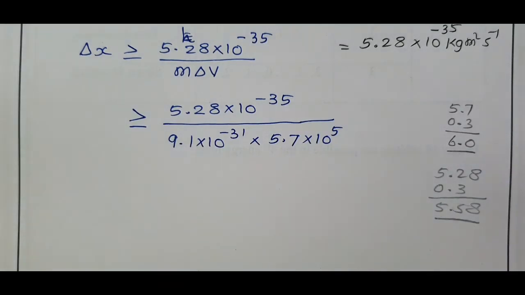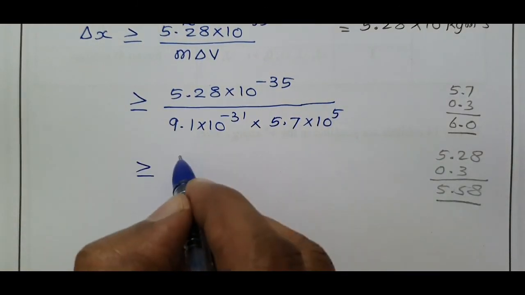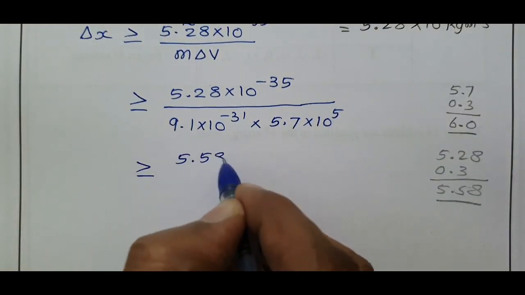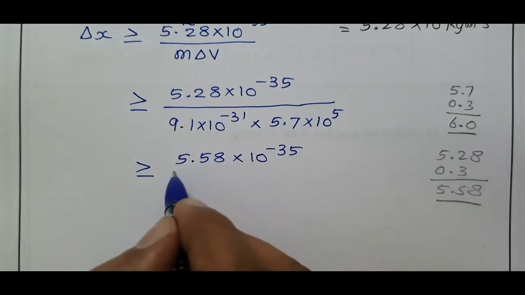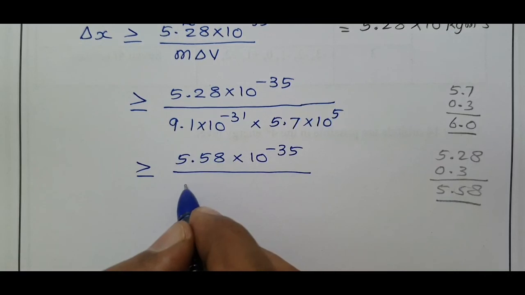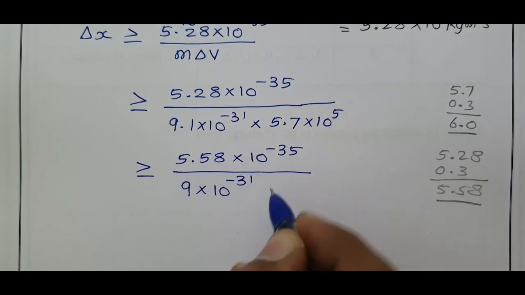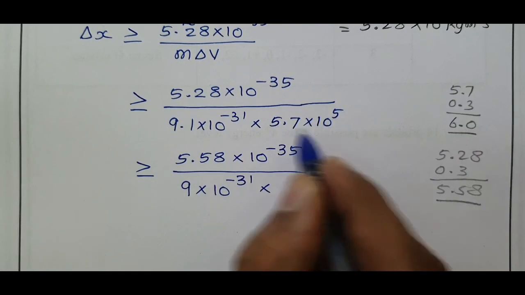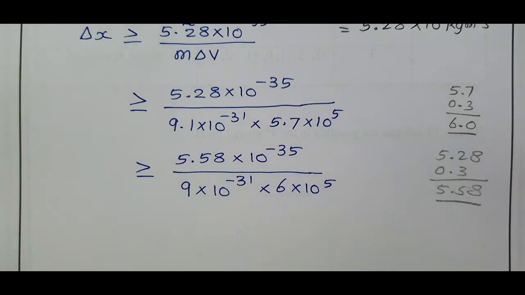What is the numerator value now? It is greater than or equal to 5.58 into 10 power minus 35 divided by 9.1, rounded off to 9, into 10 power minus 31, into 6.0 into 10 power 5.